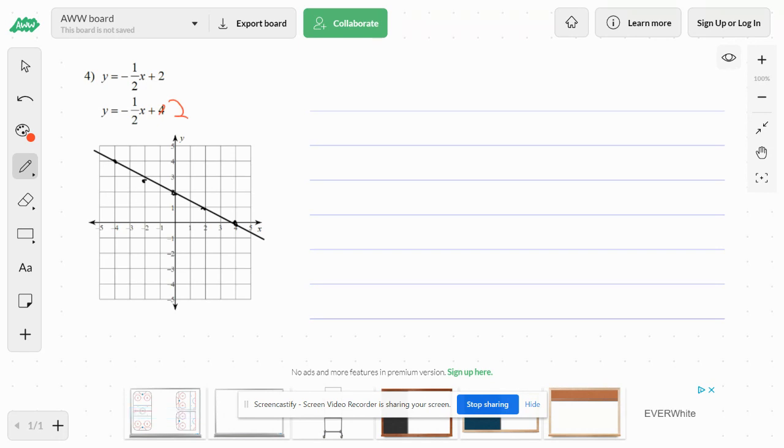Now, it might not look that obvious right at the start, but maybe your equations are in standard form and then you have to put them in slope-intercept form, and then you realize they're the same exact equation. If this was the case here, I have the exact same equation. I'd be graphing a line directly on top of the other line.